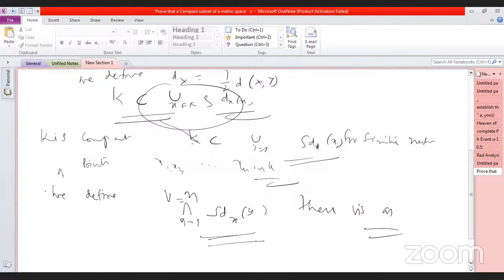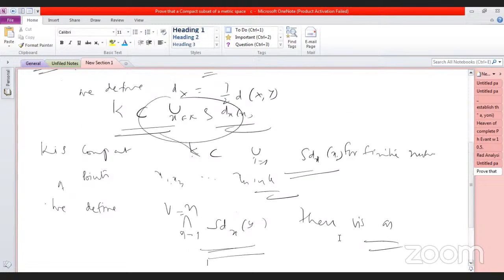In y I am asking, V is equal to the intersection over i equals 1 to n of S_dxi of y. Is V an open sphere or closed sphere?